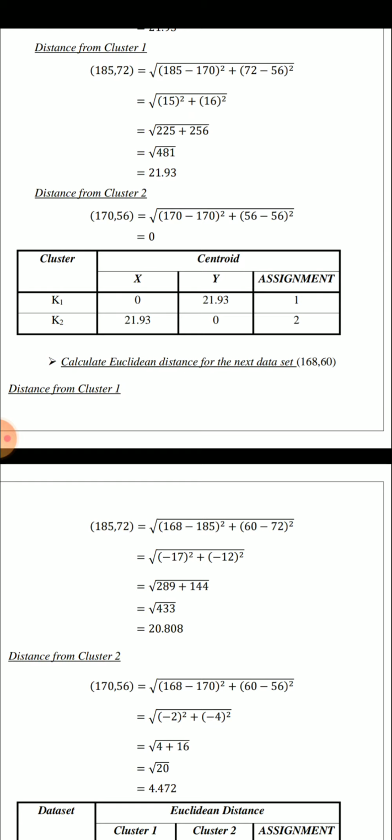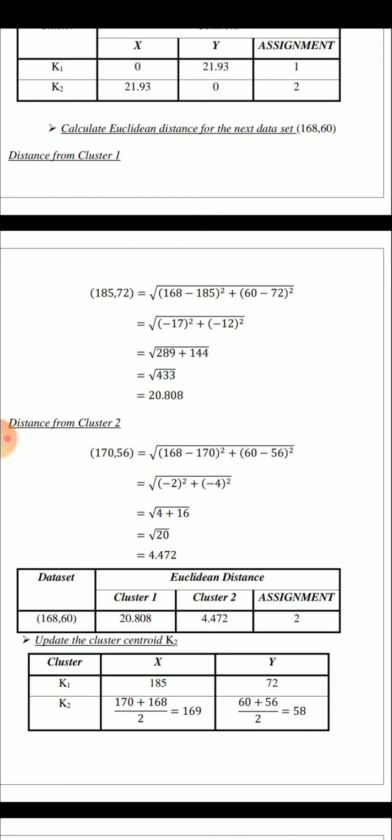Then the distance from cluster 2, 170, 56, is (168 minus 170) the whole square plus (60 minus 56) the whole square, that we get is equal to 4.472. For the data point 168, 60, the Euclidean distance for cluster 1 is 20.808 and for cluster 2 is 4.472. Whichever is less, it is cluster 2. So assignment to cluster 2 is given for that data point.